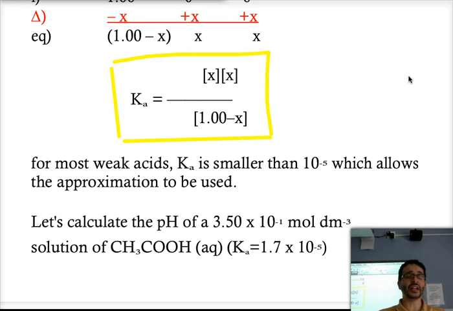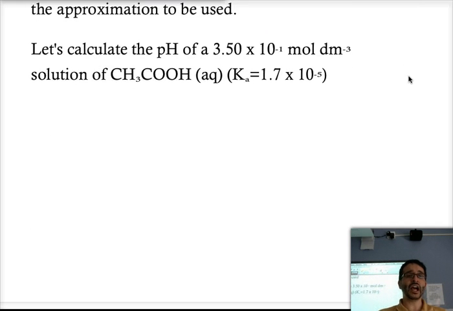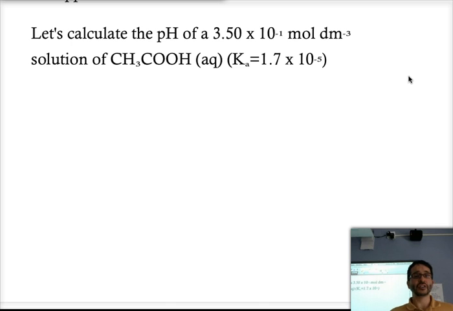So let's try that for a problem. If we have, for example, a solution that is 3.50 times 10 to the negative 1 molar of ethanoic acid, and we see that the Ka value of ethanoic acid is 1.7 times 10 to the negative fifth.